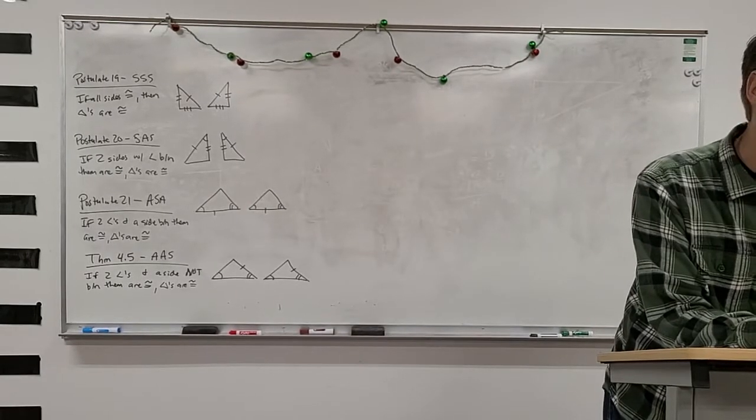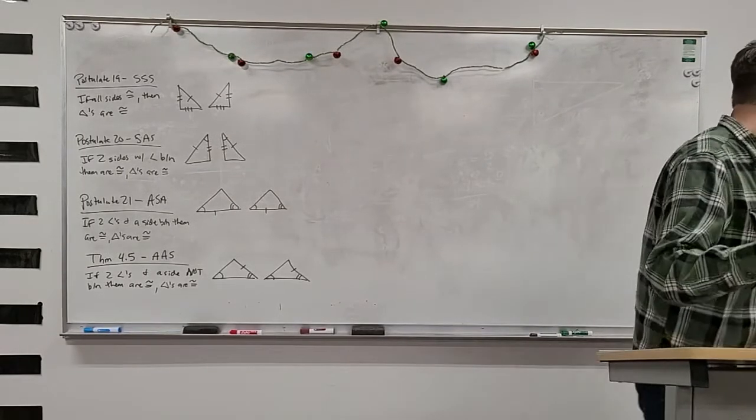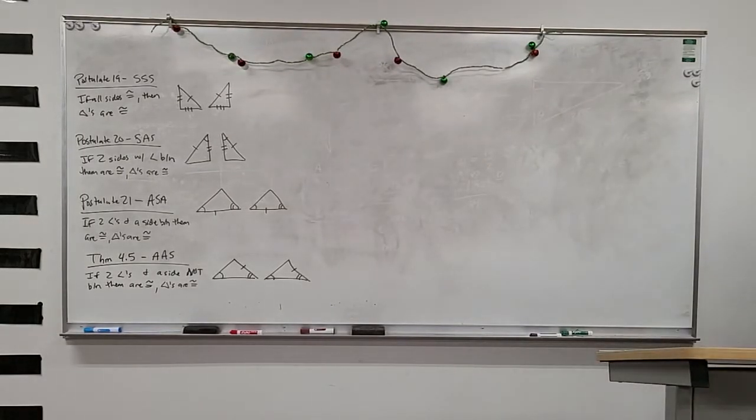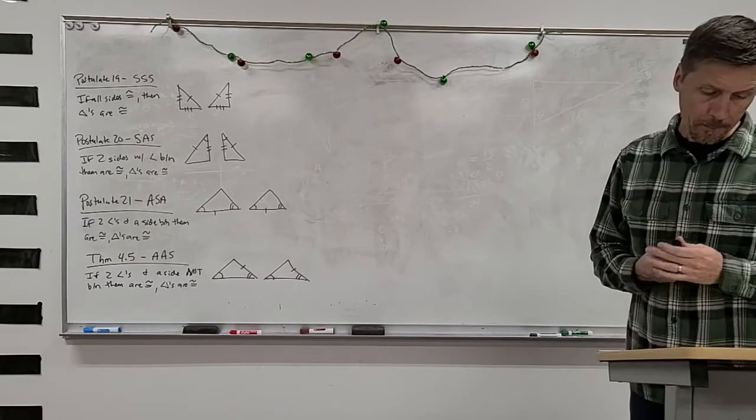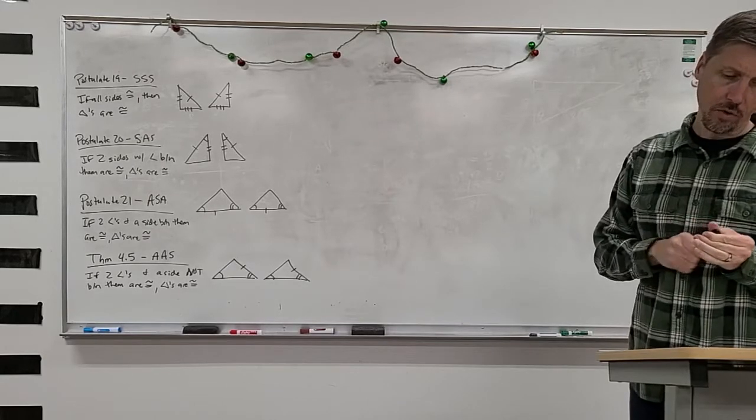And so as far as we can tell, it's true. And we're going to treat it as if it's true. We're able to use those as proofs. Okay? Got it.